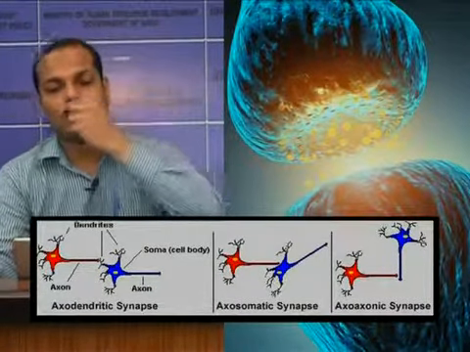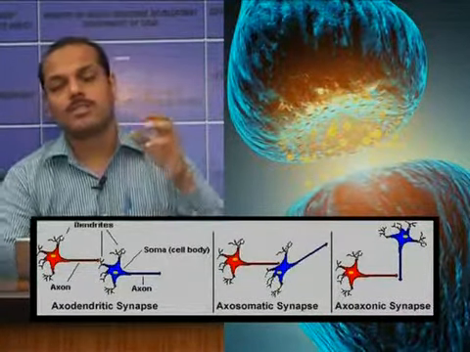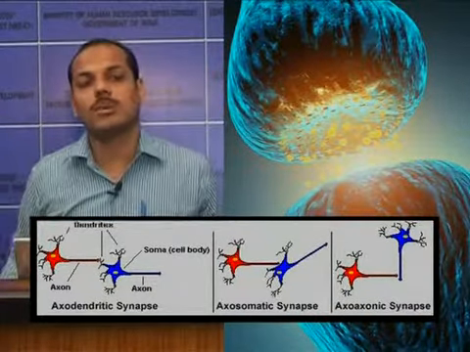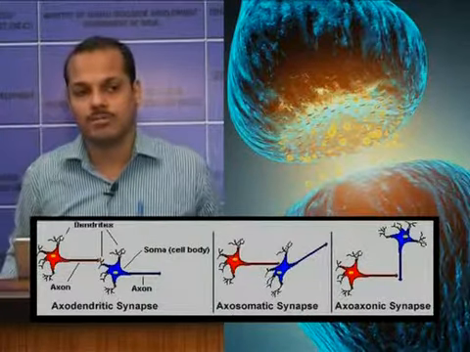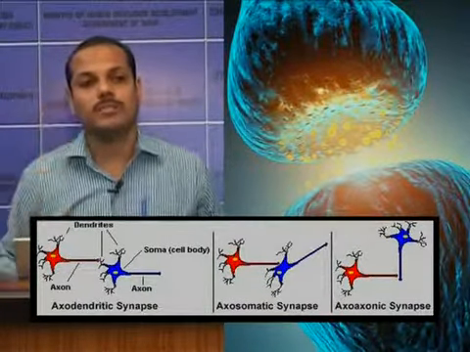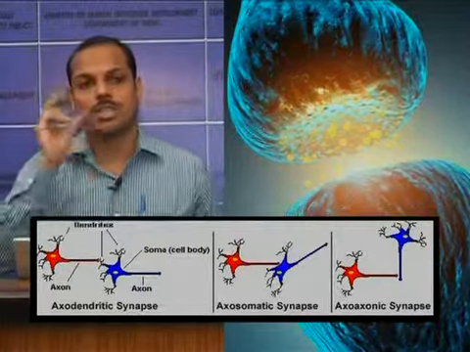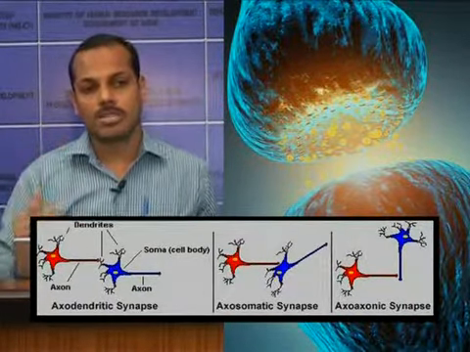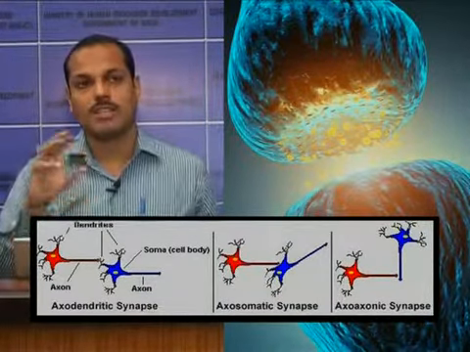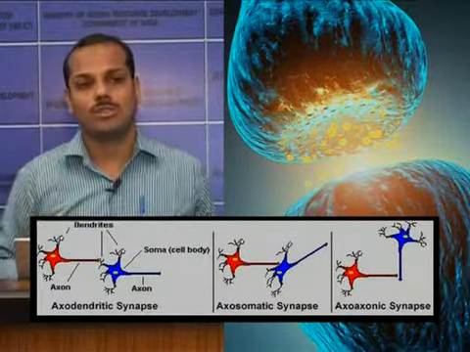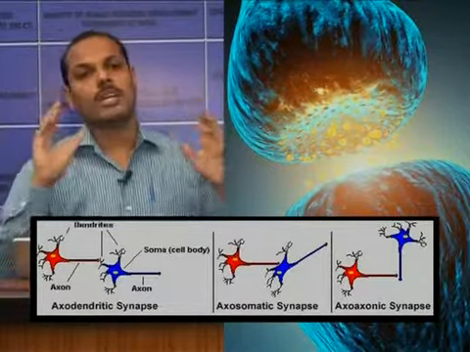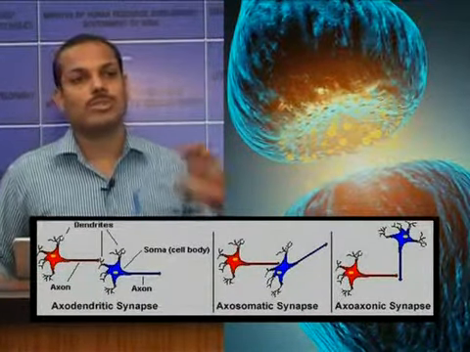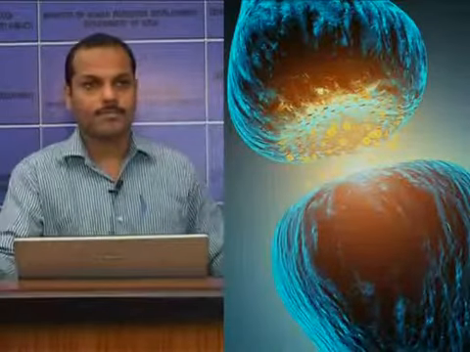So, the junction may be between axon and dendrite, axon and cell body, or axon and axon. The information collected by one neuron will be passed to the other neuron. This is called a synapse.